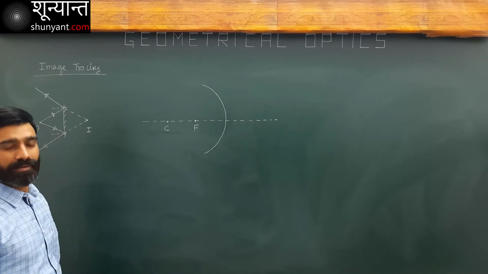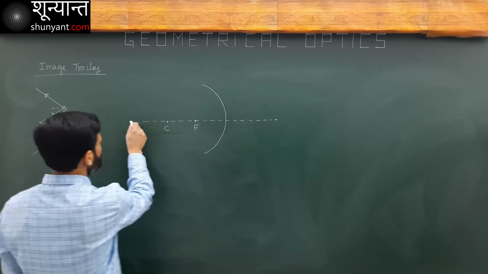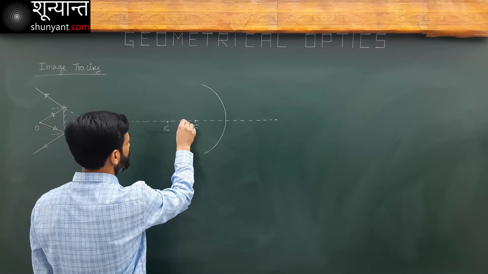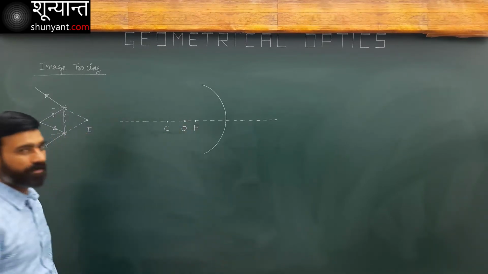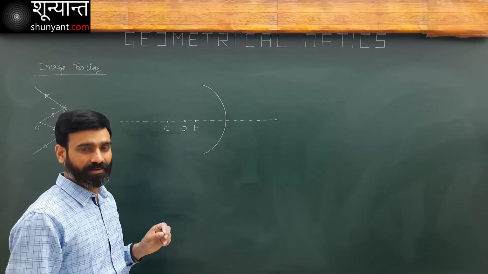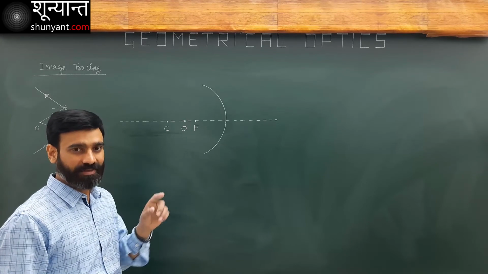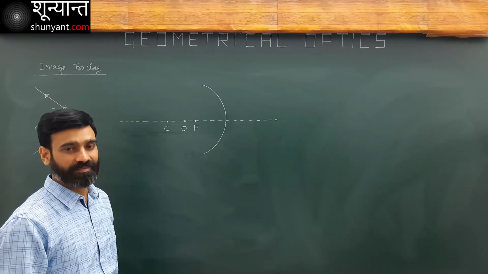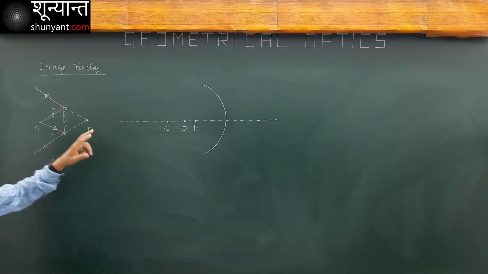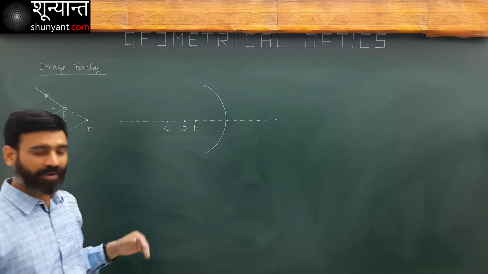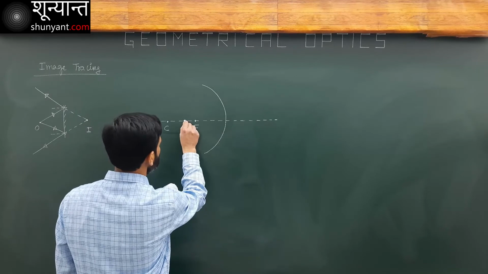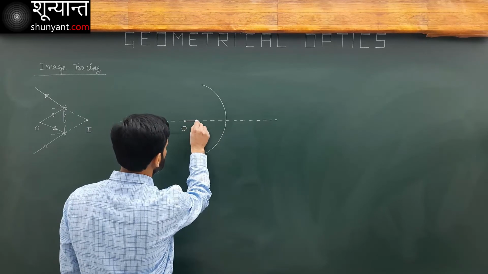I have an object on the principal axis. Let's say my object is here, somewhere, on the principal axis. I want to trace, to locate its image. Where will it be? I follow the same thing. You take any two suitable light rays. What is the most suitable one? The most suitable will be the one which goes along the principal axis.